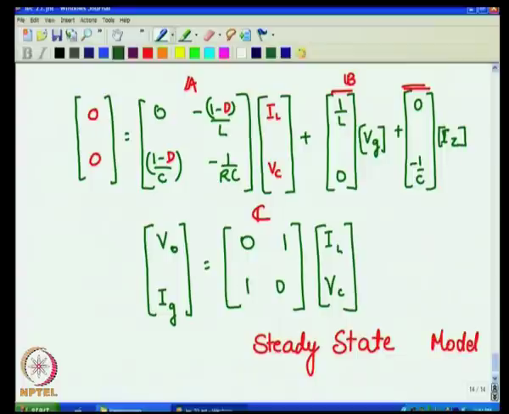Now, this becomes the steady state model for our converter. All that we have done right now is replaced all the variables with uppercase values, and we have removed the derivative terms, made it into 0.